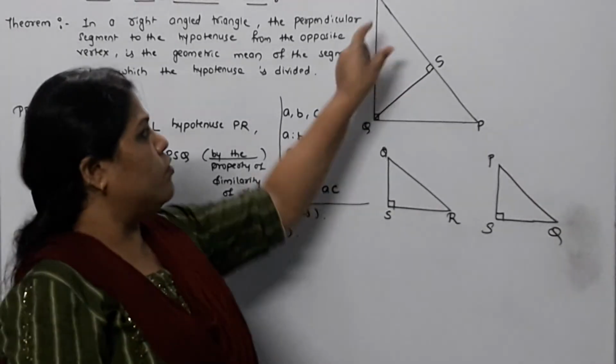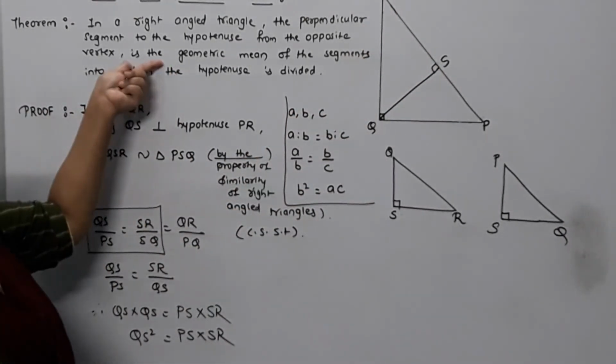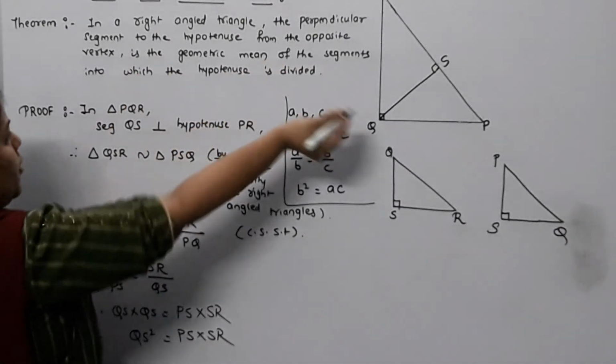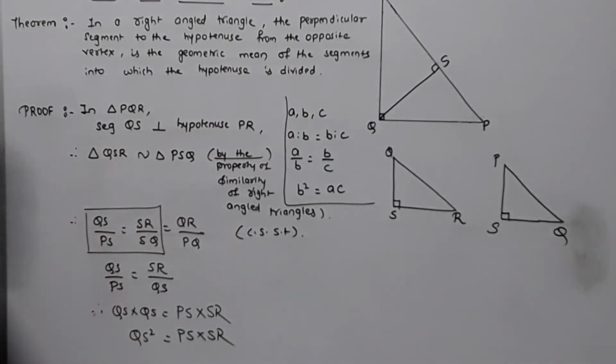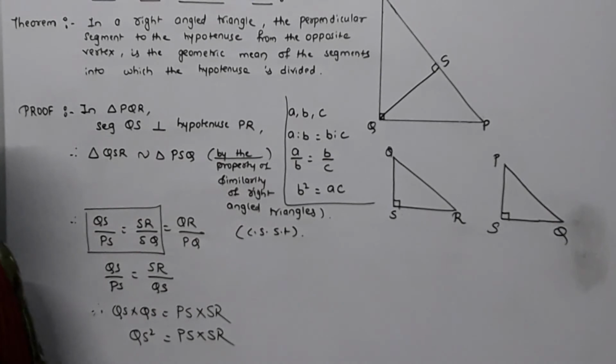QS square is equal to PS into SR. So the perpendicular from the opposite vertex is the geometric mean of the segments into which the hypotenuse is divided. So yes, the hypotenuse is divided into PS and SR. So QS square equals PS into SR, and we are getting QS as the geometric mean.